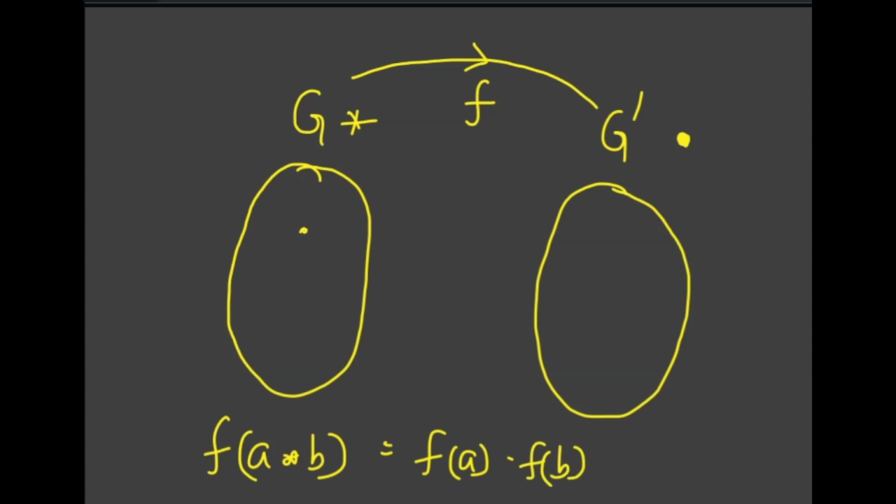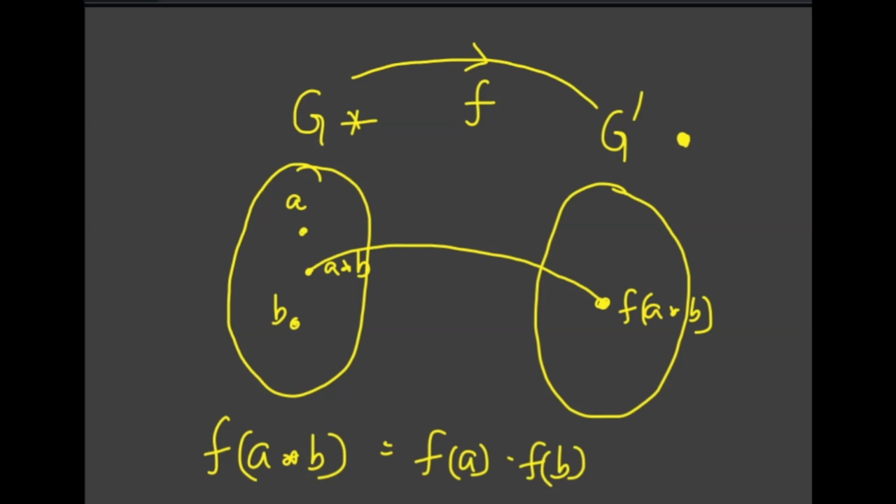Meaning, if you take any two elements a and b, and you operate a star b, so suppose a star b is some element here, and if you see the image of this under this function, this will be f of a star b, somewhere here.